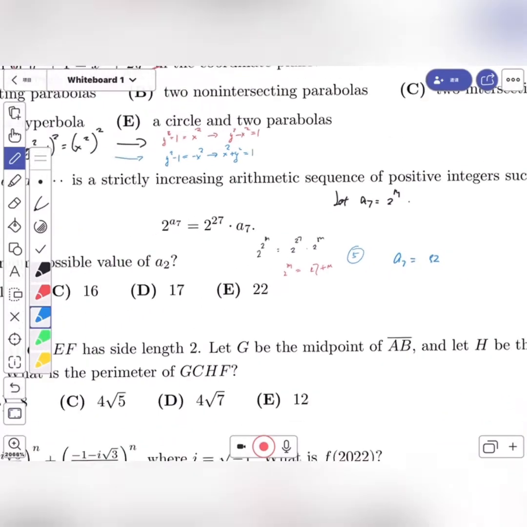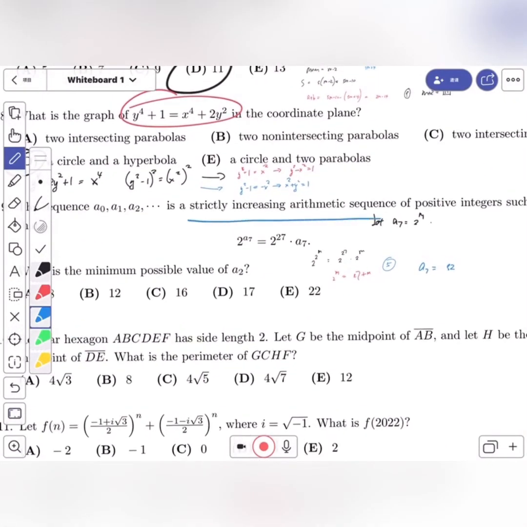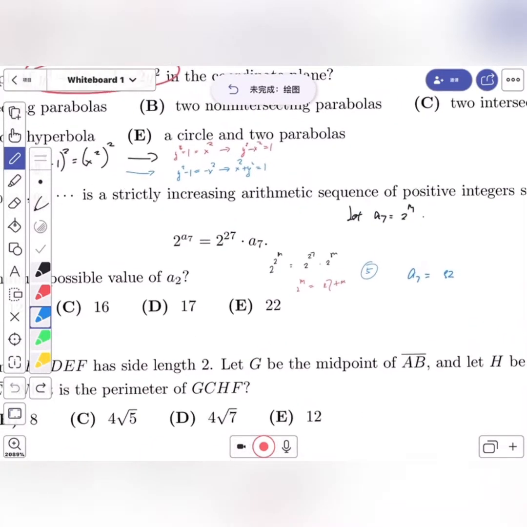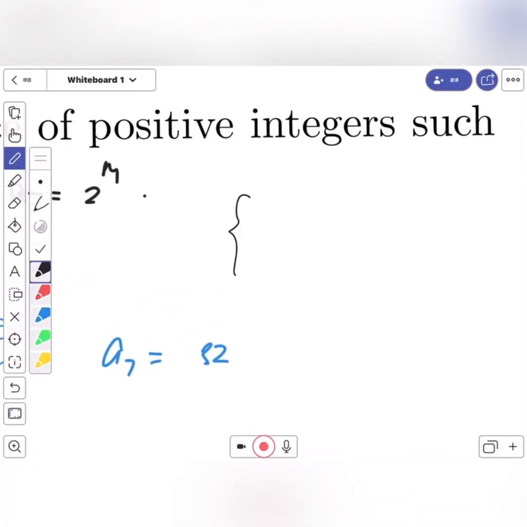Now, since this one is a strictly increasing arithmetic sequence and a sub 7 is equal to 32, let's just say that the sequence is going to be a, comma, a plus d, comma, a plus 2d, dot, dot, dot.